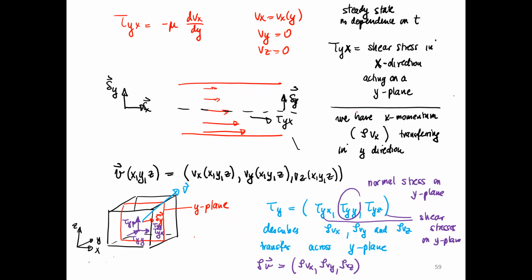Questions? Should I repeat this? Or do it in a 2D example, maybe? Let me do something like this. So basically, if I had 2D, I have a box in coordinate system.